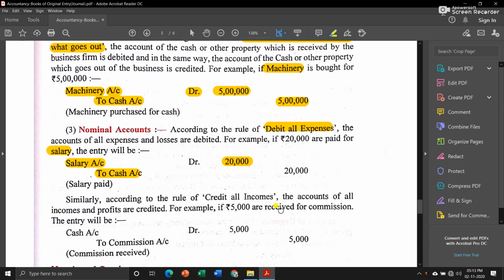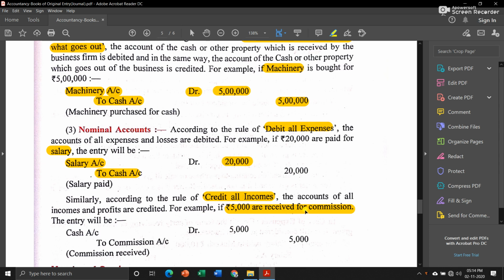And the second part of the nominal account's rule is credit all incomes, meaning whatever income we are getting, we have to credit those things. Okay, now the example is given, if 5,000 are received for commission. Now when we receive commission of rupees 5,000, it means that cash is coming inside the business, so cash is a real account, and the real account's rule is debit what comes in.